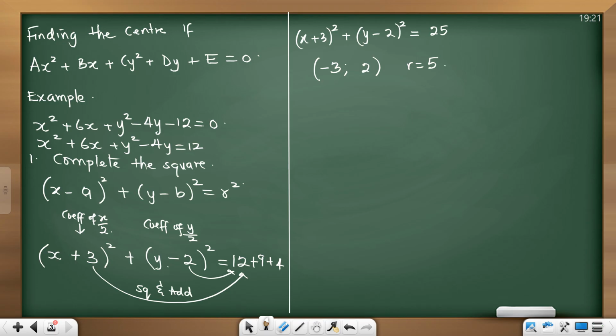I'm going to give you one on this now. First, you create your format. You divide by 2.